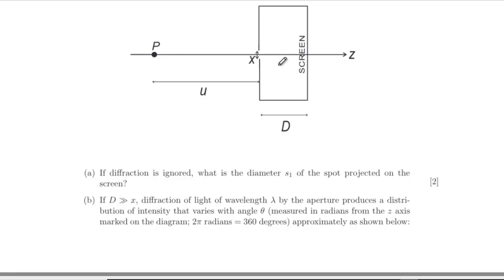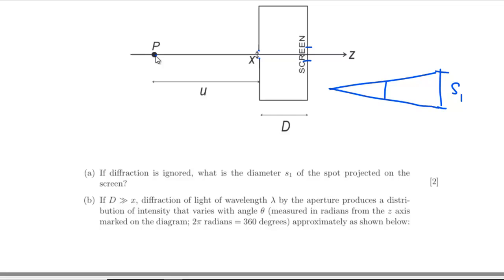Okie dokie. So if we've got no diffraction, we're just going to have straight rays, straight lines for our path for the light. So it's going to go from P, it's going to clip either edge of the aperture and then create a spot on the screen. So just blowing that up somewhat so we can actually see what's going on. This is our S1.